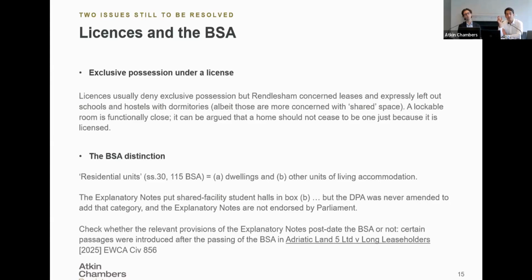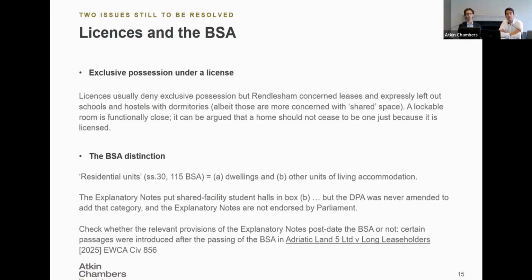Now, if Parliament is using the word dwelling in a later provision of the Act, there's a principle of statutory interpretation that you give a consistent meaning to that phrase throughout the Act. And so in sections 130 and 115, the defendant could say, dwelling in those provisions should bear the same meaning as the provision later on in the BSA that introduces Section 2A.